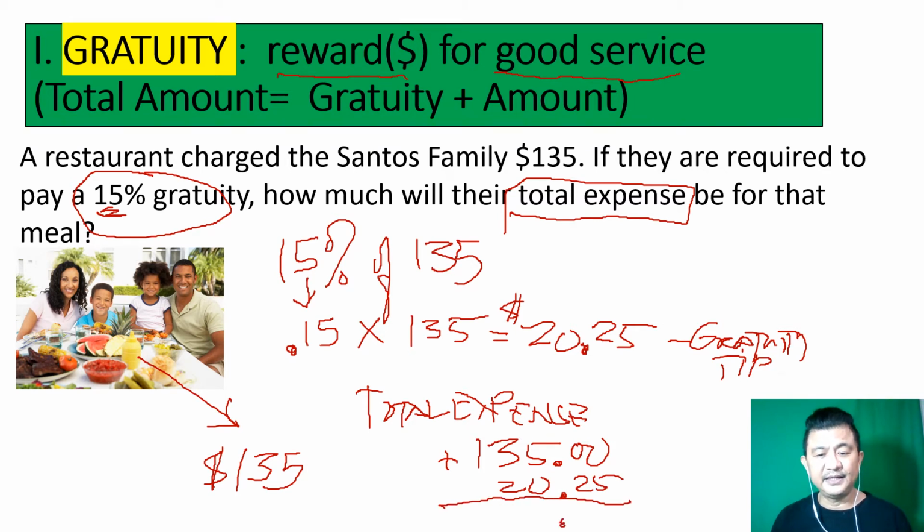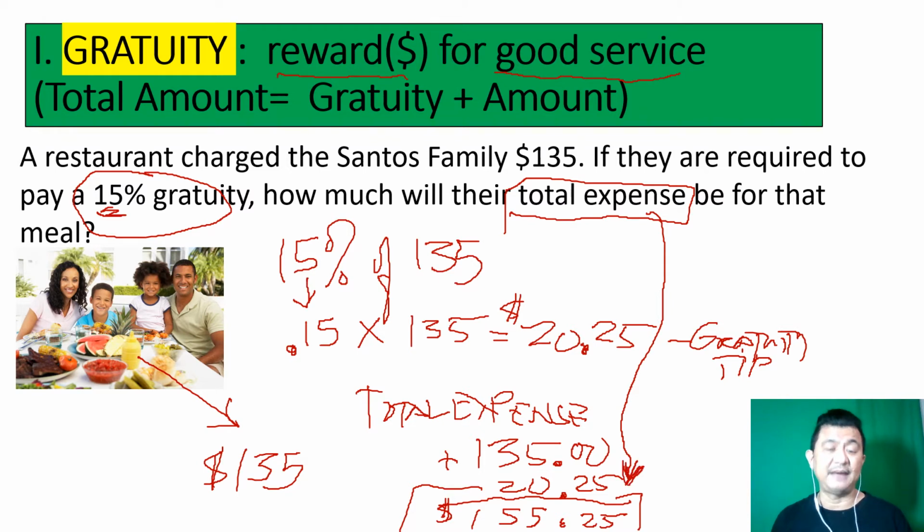Then you can add 25 for cents, 5 and 5. So this is now $155.25, which will be the total expense incurred by the family. Remember, there's an element of adding whenever you see gratuity.